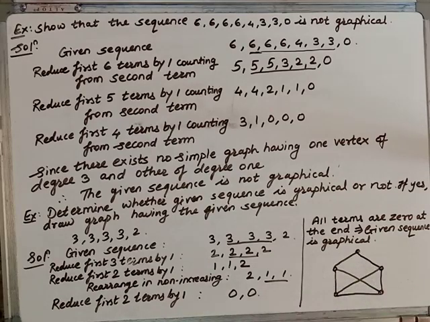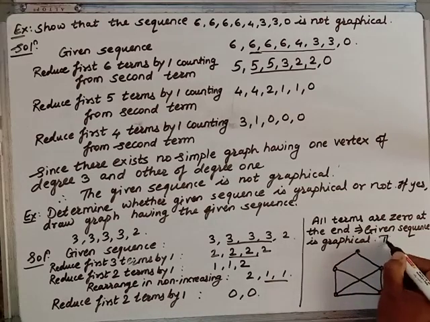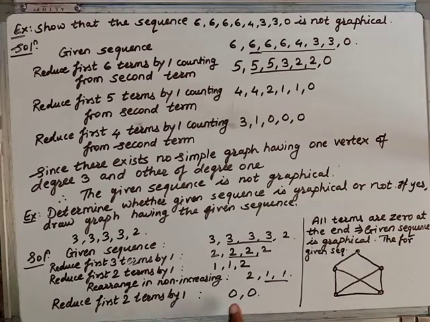If I draw such a graph, look here, this is degree 3, 3, 3, 3. So this is the graph for the given sequence. Okay, so this is about whether the sequence is graphical or not.